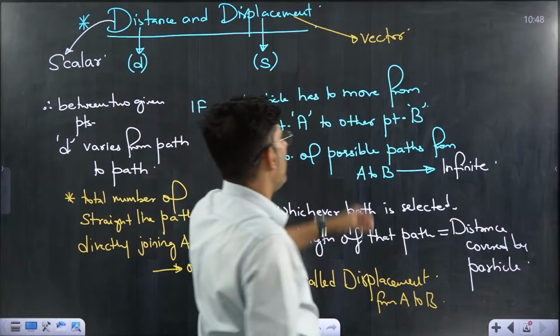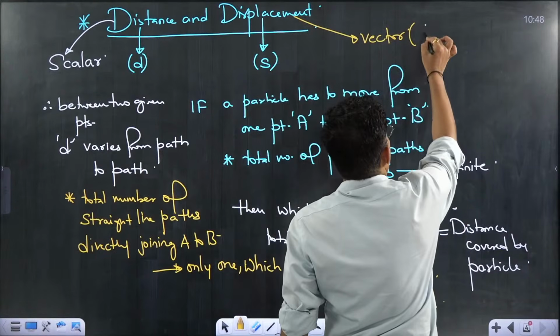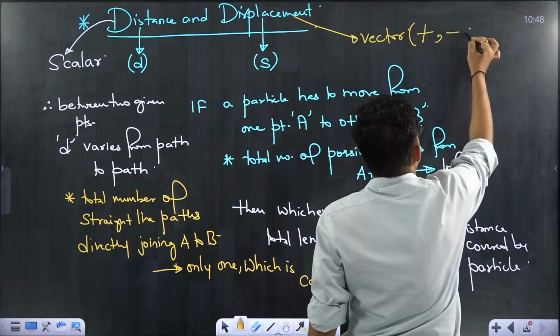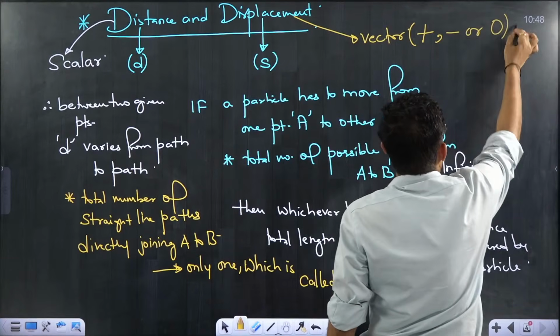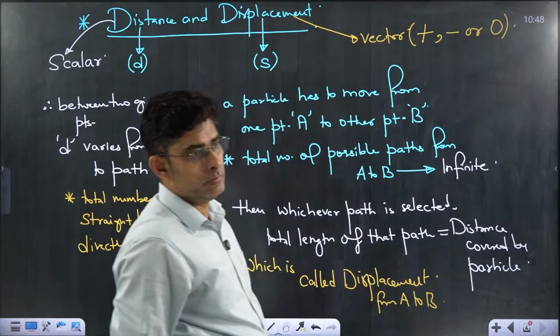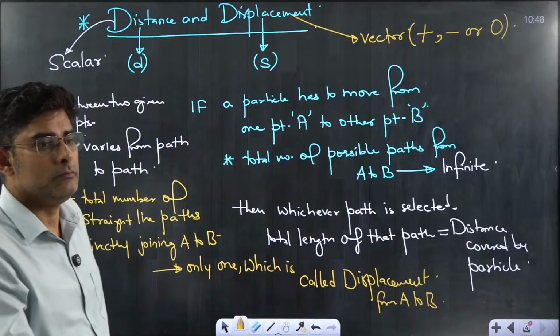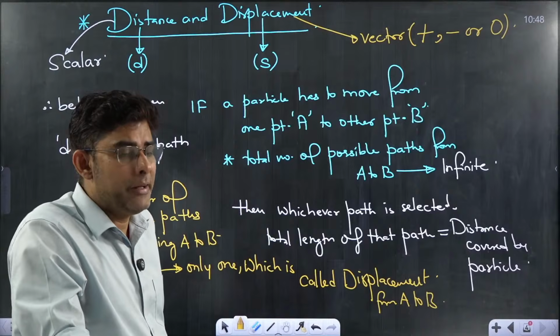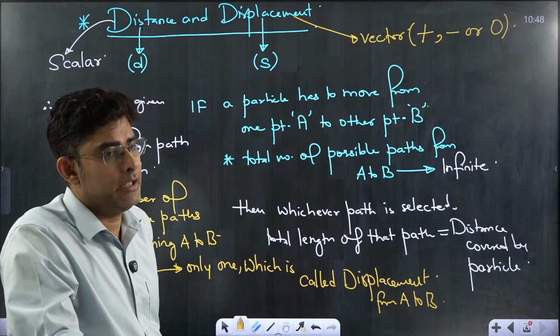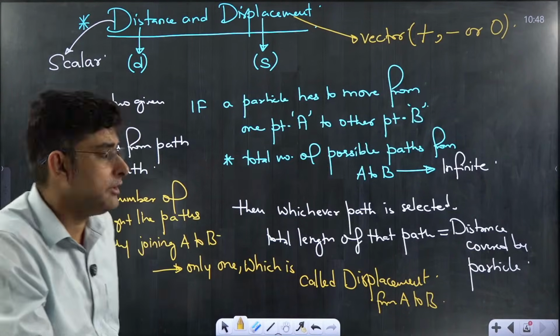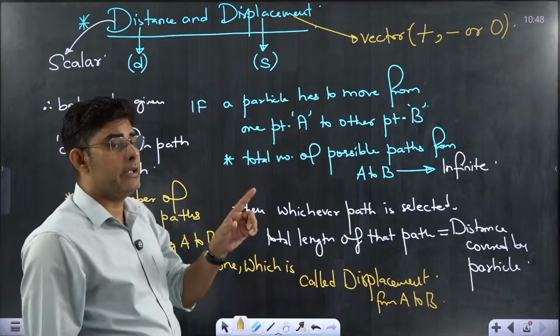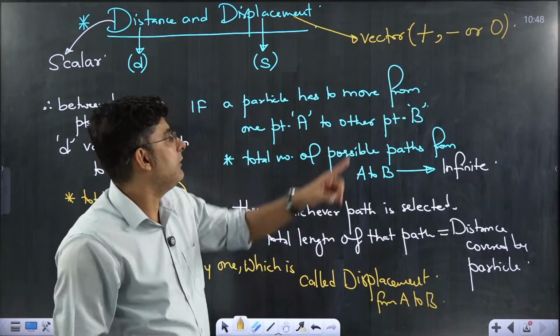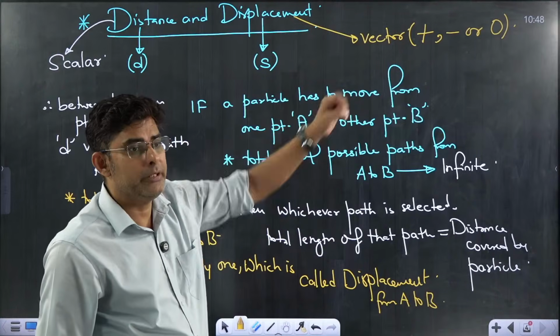So this vector quantity can be positive, negative, or even 0. Displacement can be 0 also. It depends on the initial and final position. If there is no change in position, and initial and final positions coincide, then we say that displacement is 0.